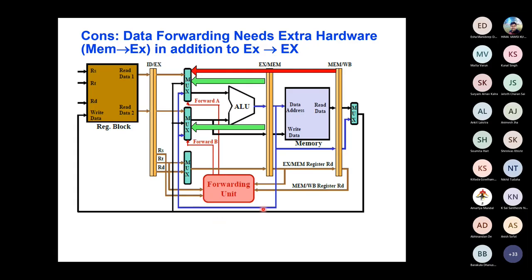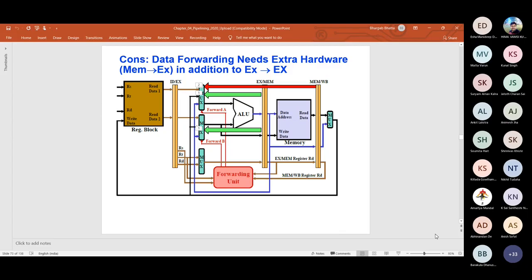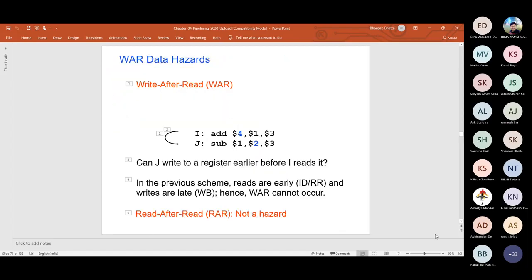And there is a hardware forwarding unit which takes care of the recognition of those instances where this conflict may arise and what kind of data paths need to be activated. So overall, this is a discussion on data hazard.